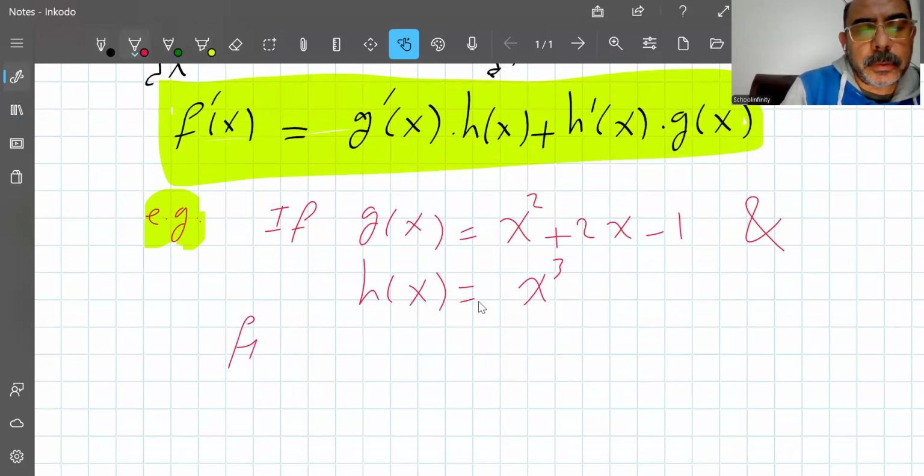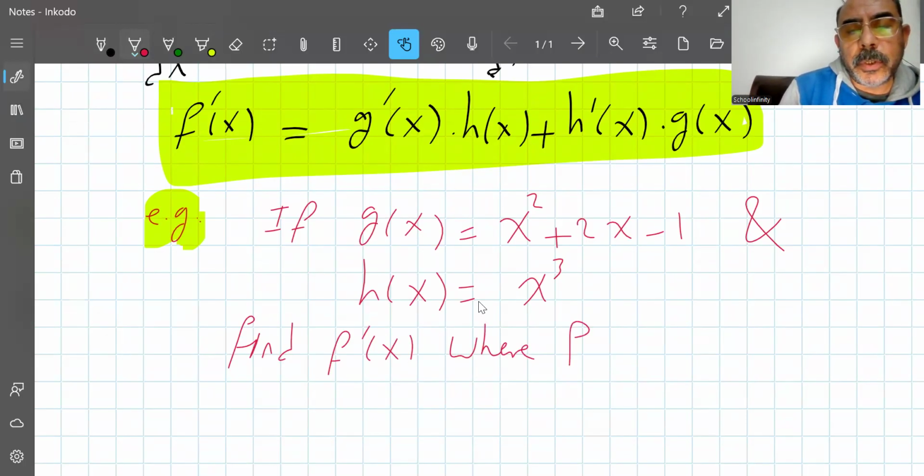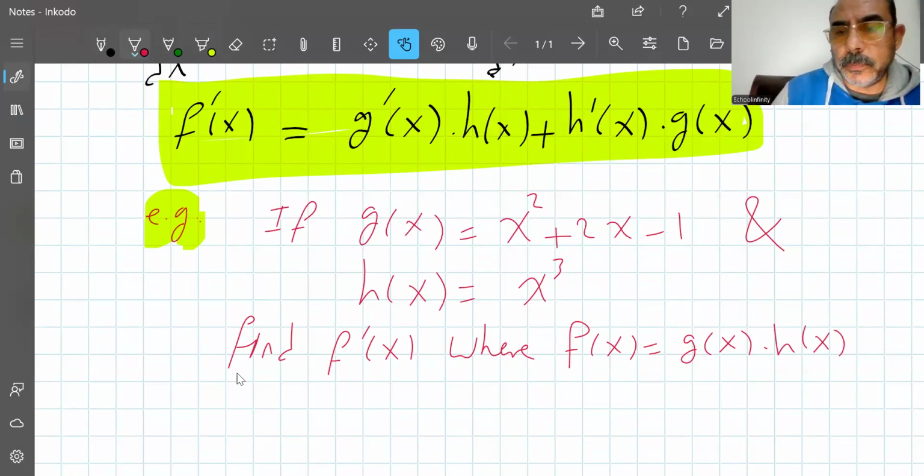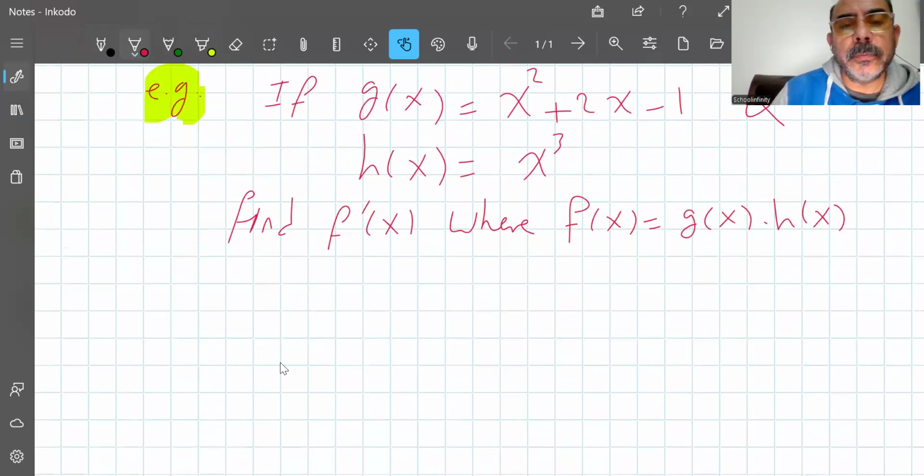Find f prime of x, where f of x equals g of x times h of x. Solution.